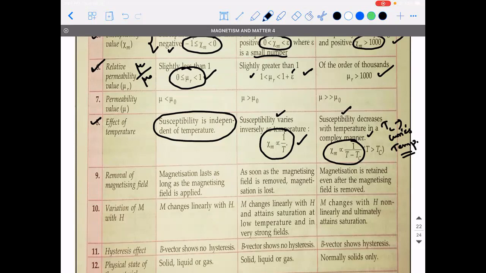Ninth one: removal of magnetizing field. When you remove the magnetizing field, a diamagnetic substance will get demagnetized immediately. A paramagnetic substance will lose its magnetism immediately, whereas a ferromagnetic substance can retain its magnetic property.